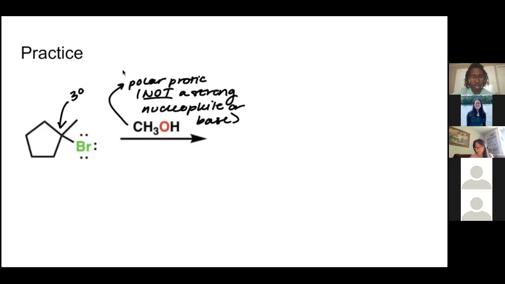Remember, for tertiary, generally our options for reactions are going to be SN1, E1, E2. What did we just say about E2? Remember, E2 is going to want a good base. We can get rid of that. So our options are going to be SN1 and E1. Let me show you what those guys look like.